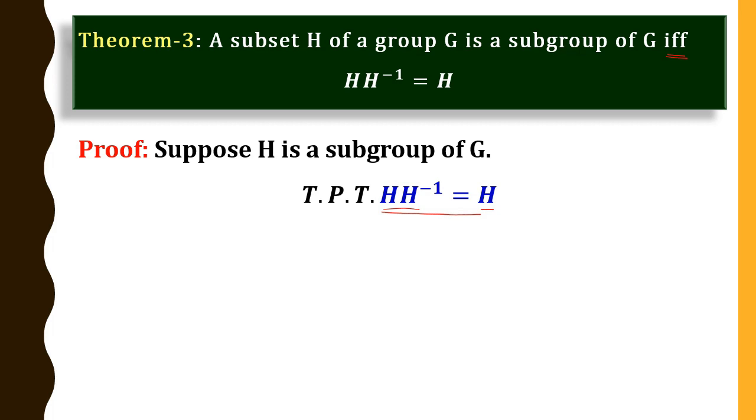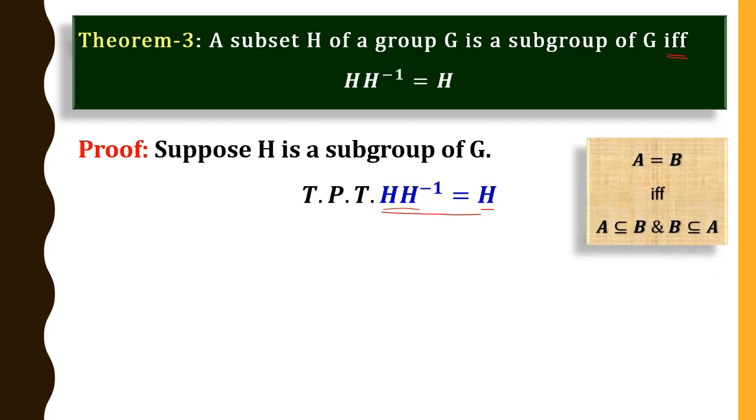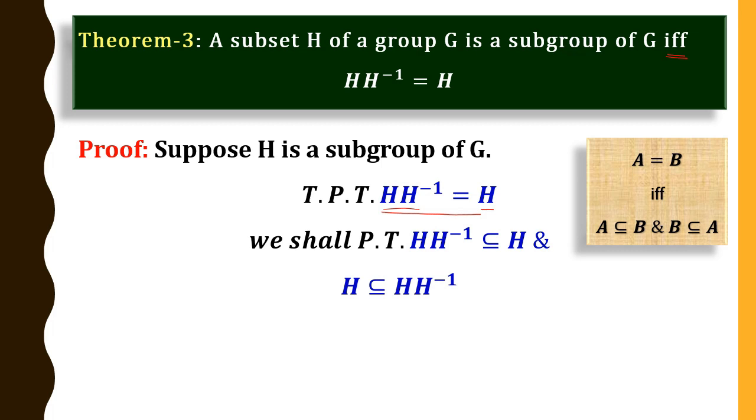Therefore we shall use the result: A is equal to B if A is a subset of B and B is a subset of A. Similarly here, to prove HH inverse is equal to H, we have to prove HH inverse is a subset of H and H is a subset of HH inverse.